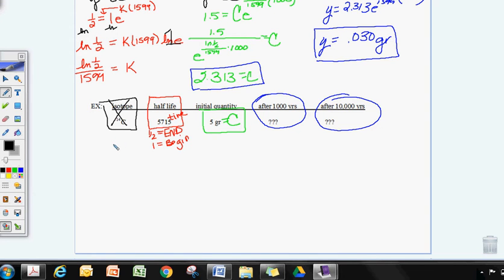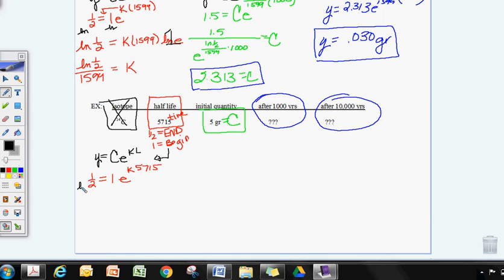And when I solve this for K, I've got my equation y equals C e to the KT power. And obviously, the half-life is what we're going to plug in first. 1/2 of it's left equals the beginning of 1, e raised to the K times 5,715.